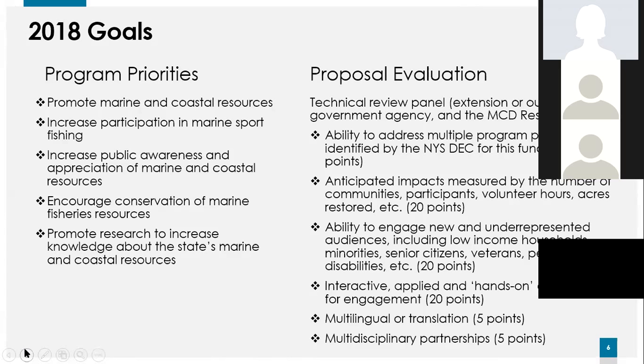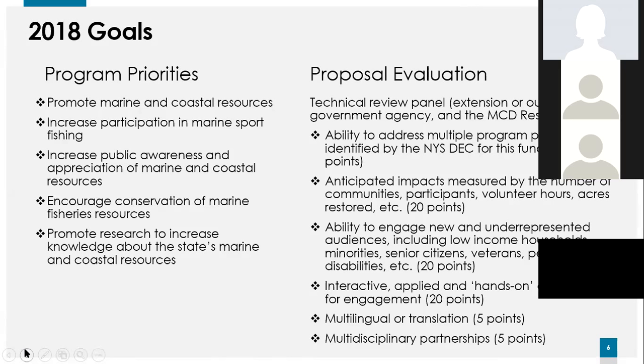The first criteria demonstrated in the proposal is the ability to address multiple program priorities that have been established by the DEC. I just listed the 5 program priorities. This carries a maximum of 30 points. The next criteria is the anticipated impacts of the project, which is measured by the number of communities intercepted, the number of participants, the volunteer hours, acres restored, et cetera.